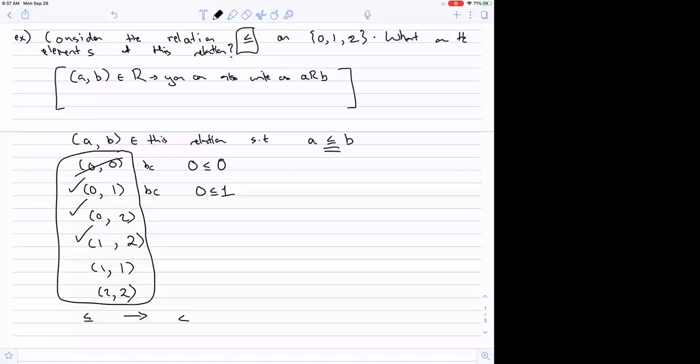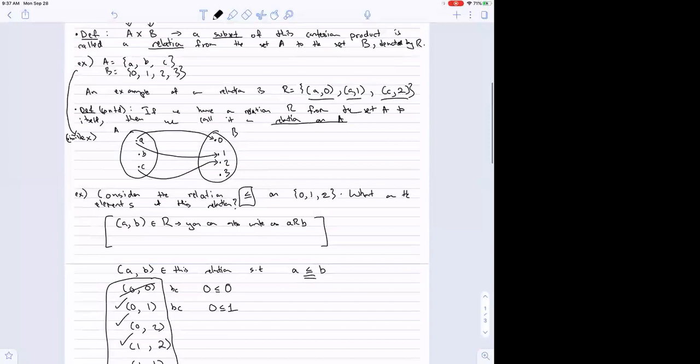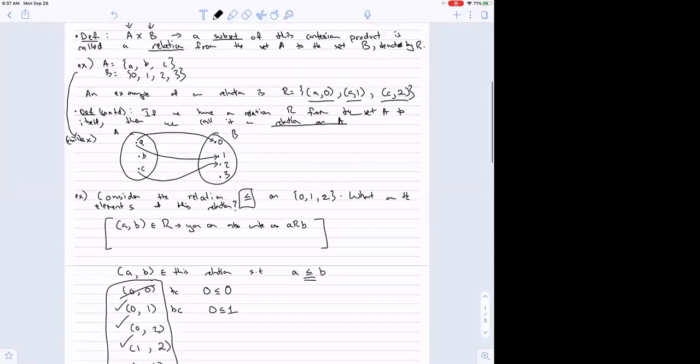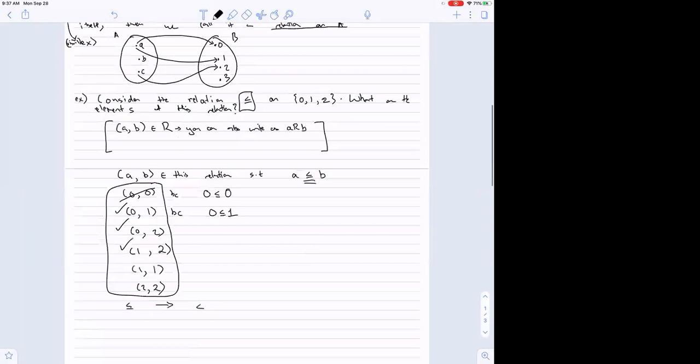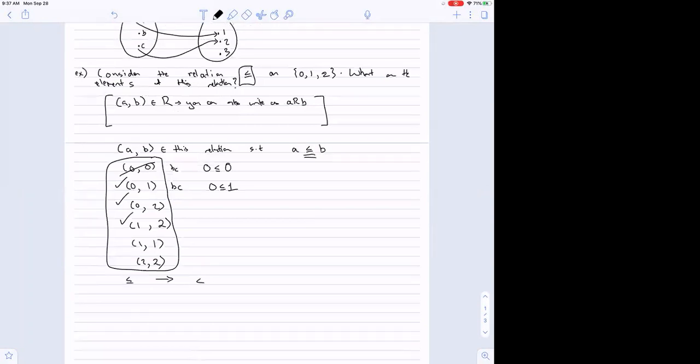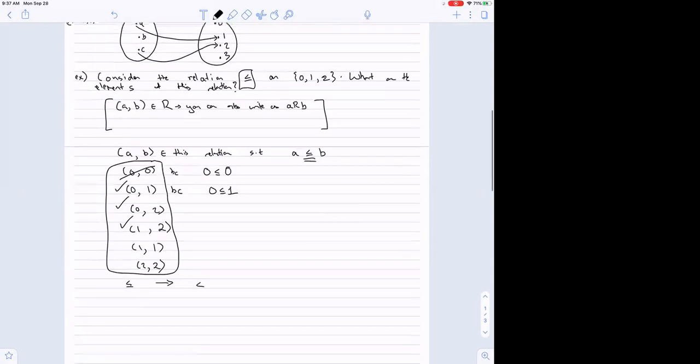Maybe I just want to relate it back to the definition. The definition says that a relation is a subset of the Cartesian product A cross B. But in this case, we're taking a relation on 0, 1, 2, so we just have it on one set.